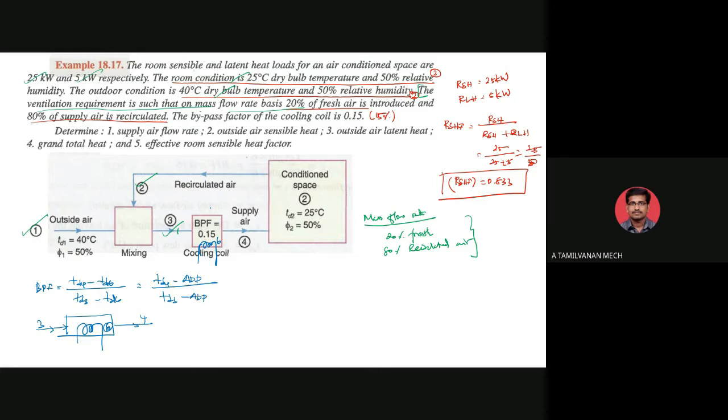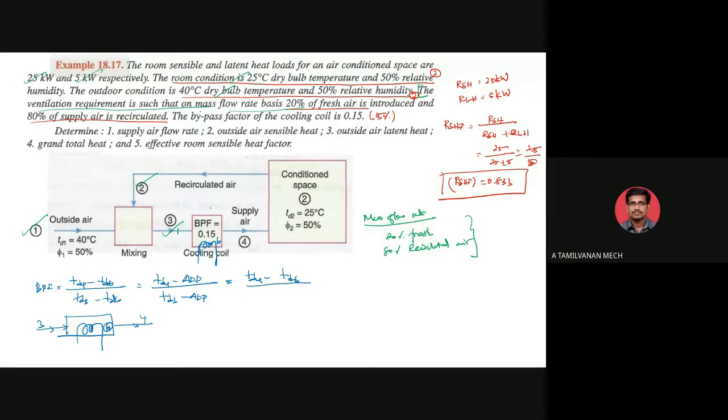From the data, TD4 you don't know, and TD6 you also don't know. TD3 you know.